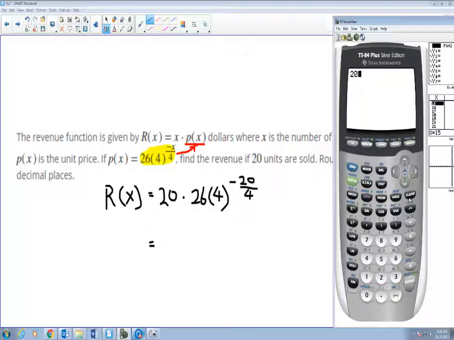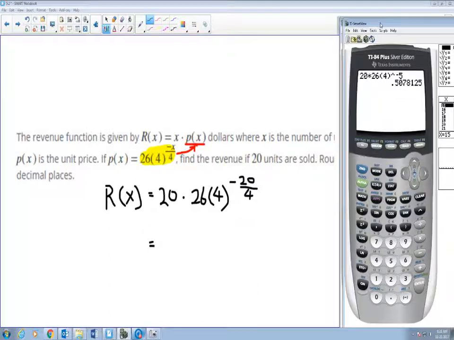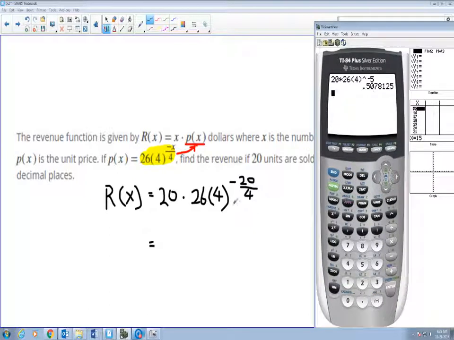It'll be 20 times 26 times 4 raised to the negative 20 over 4, which is negative 5. There you go. Round to 2 decimal places, so that's about $0.51.